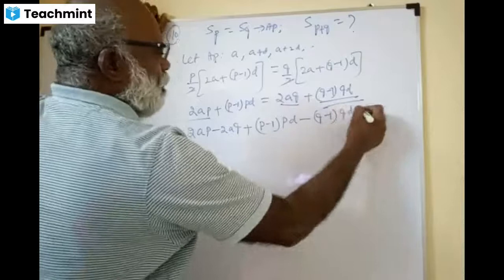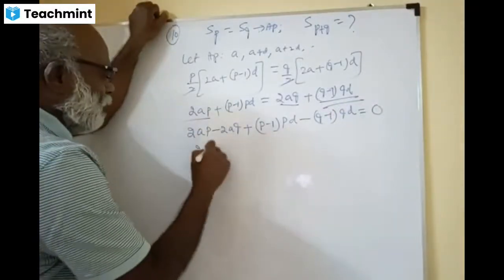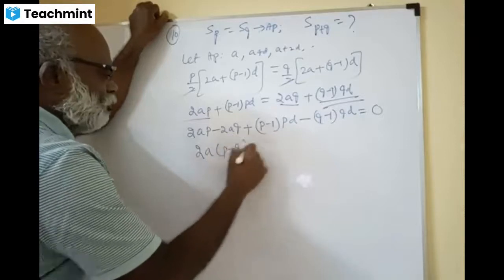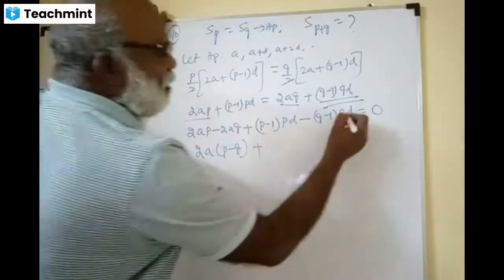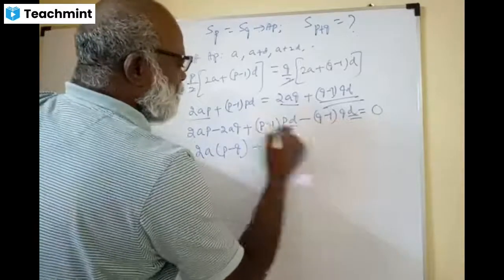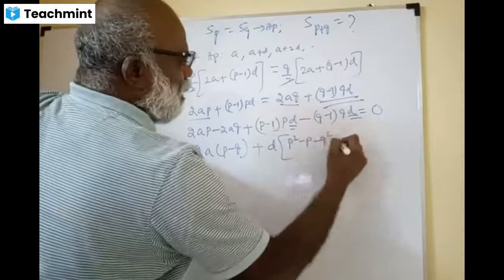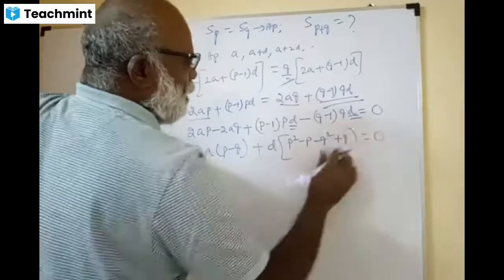Do you agree? Equal to 0. So here 2A is the common part: 2A into P minus Q plus D common, you get P square minus P minus Q square plus Q. That's all, equal to 0, yes.